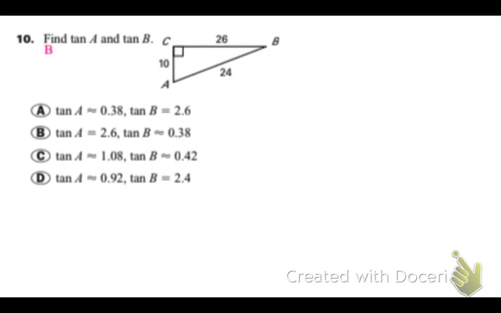So here's some trig for you. It's asking you to find the tangent of angle A and the tangent of angle B. Let's remember the formula for tangent: tangent of theta is TOA, opposite over adjacent. Angle A, let's take that one first. So this is angle A. Now, what are the definitions of these legs? 24, A to B, is the longest, so this is always going to be the hypotenuse.